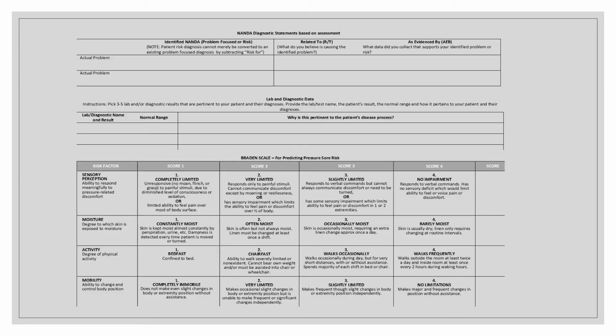And then the final is this NANDA diagnostic statement. Now, I would tell you that I want you to have a priority diagnostic statement. So it should be related to the present health concern. That should be the priority.